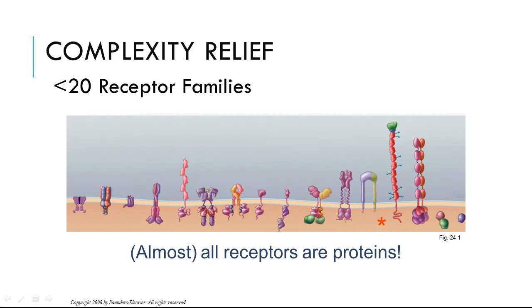What helps us a little bit is that of all the different protein receptors that may be present, they're grouped into about 20 families. Just like your family unit might have multiple people in it, protein receptor families have multiple types of proteins. So their structure will be variable, but their general effect is pretty similar.